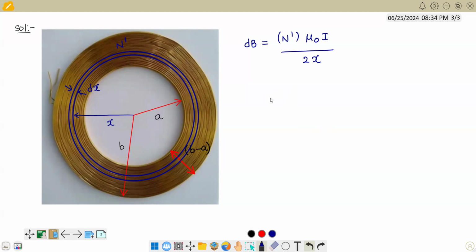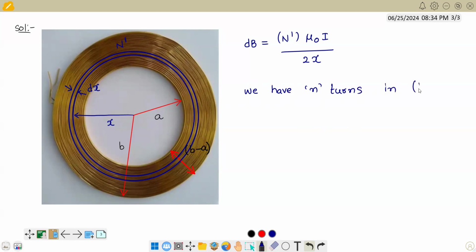In the question, it is clearly given a coil of n number of turns. As you can see, we have n turns, the entire coil fitted in the B minus A length.